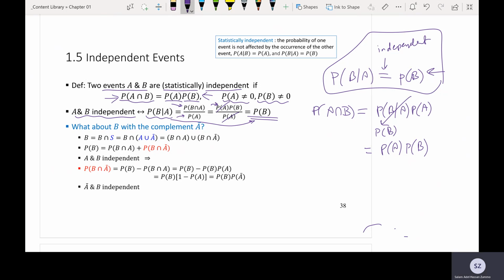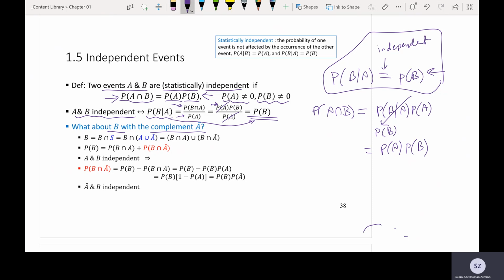I have an example. Now, since A and B are independent, we get this rule, and the probability of B given A equals this. What about B with the complement of A? A and B are independent. What about B and the complement of A? What do you think physically? Think with logic.